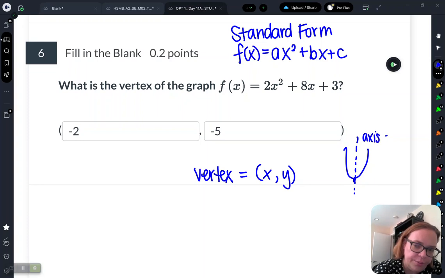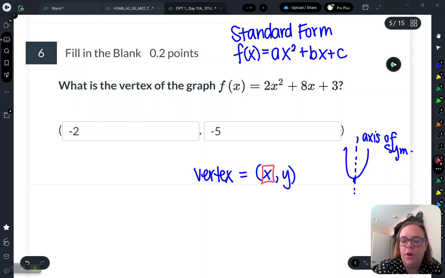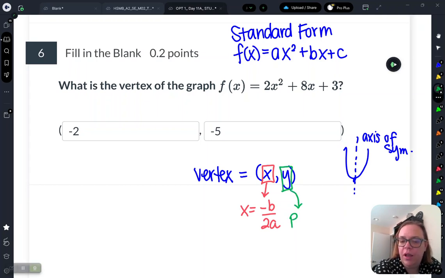So there's a formula for the axis of symmetry, which is the same as the formula to get the x coordinate of your vertex, and that is negative b divided by 2a. To get the y, you have to plug in the x that you just found into the function, and that will give you your output.